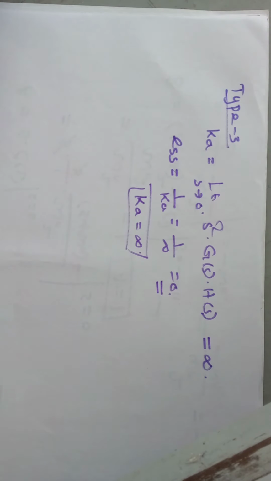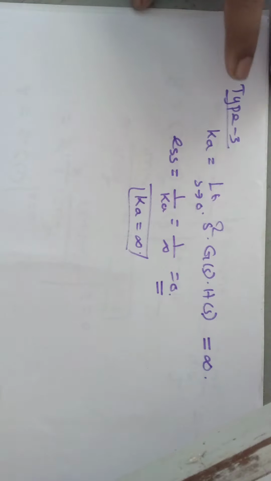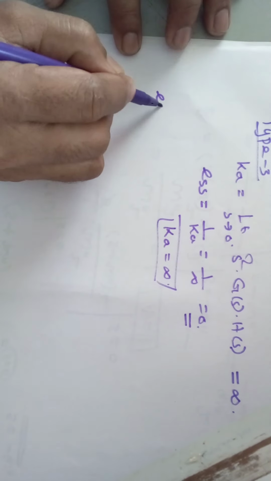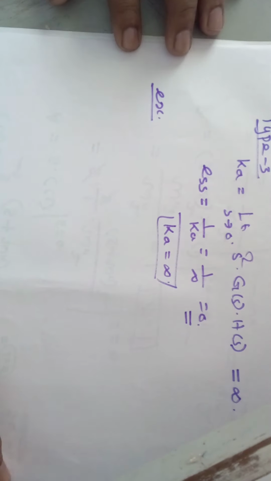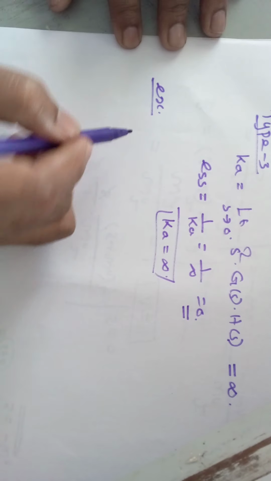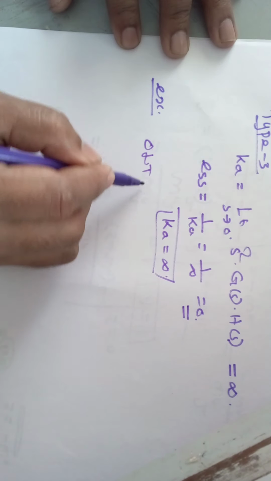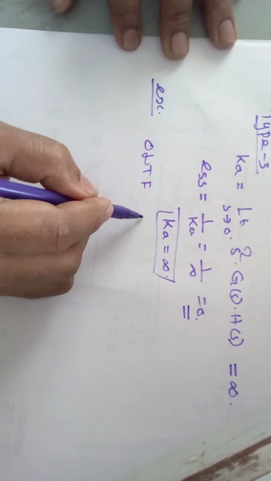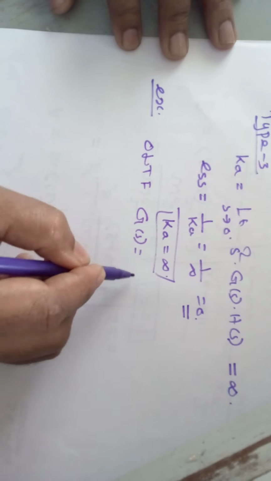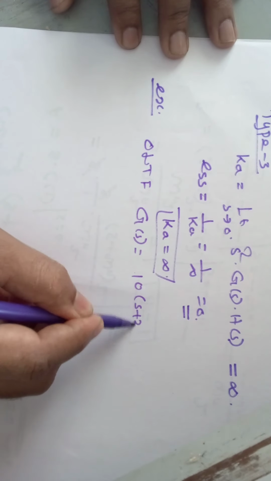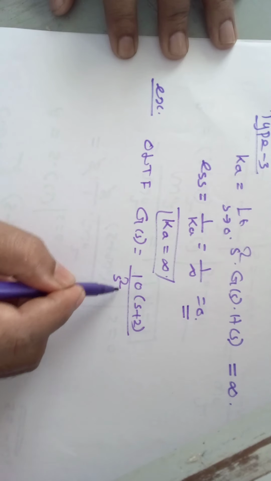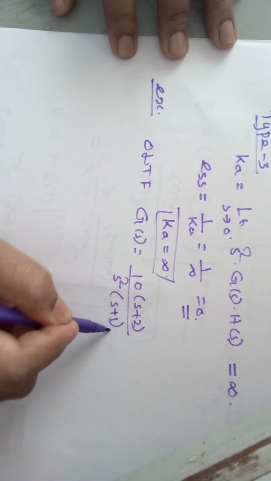So let us see some of the problems related to this type of error constant. Let us see the first example. You are given a unity feedback system with an open loop transfer function G of s equal to 10 into (s plus 2) divided by s square into (s plus 1).